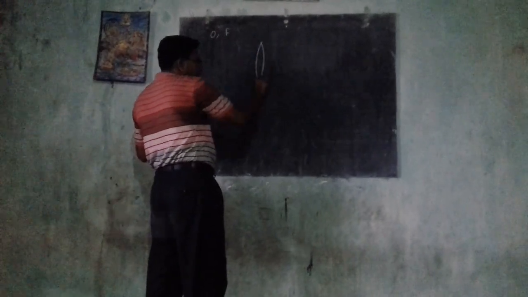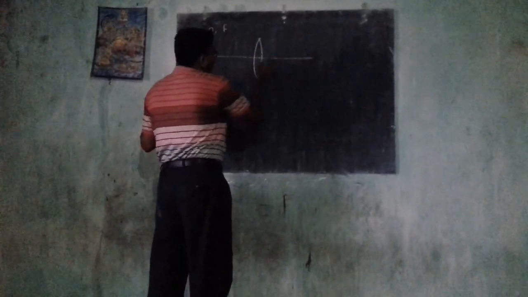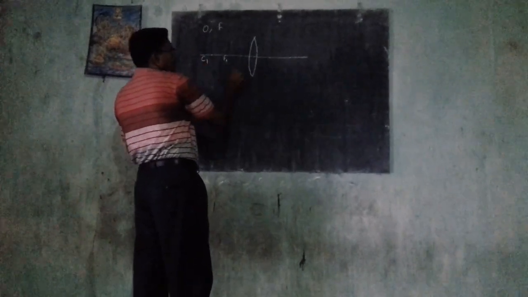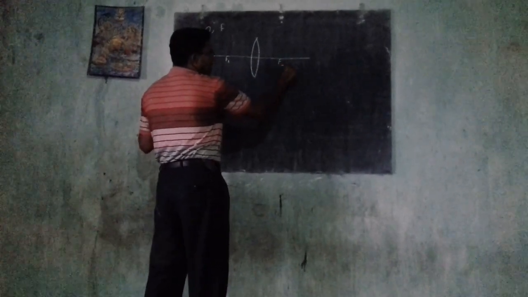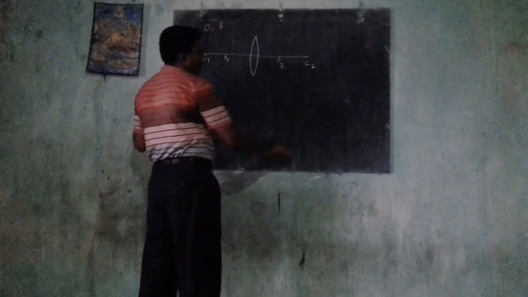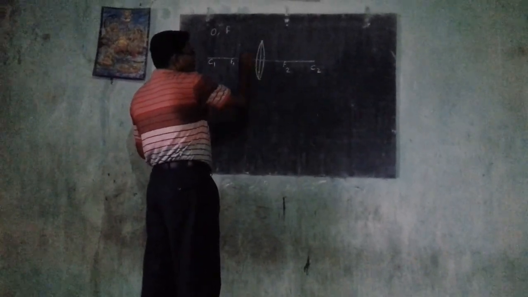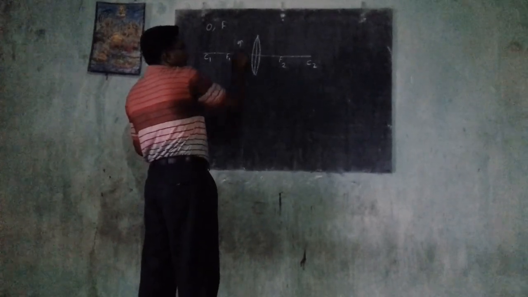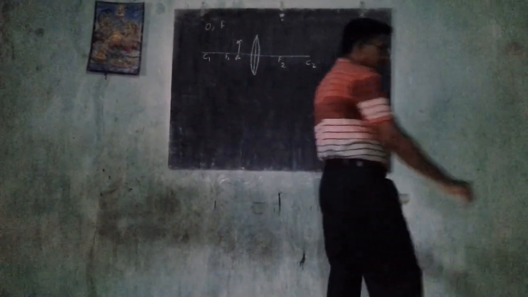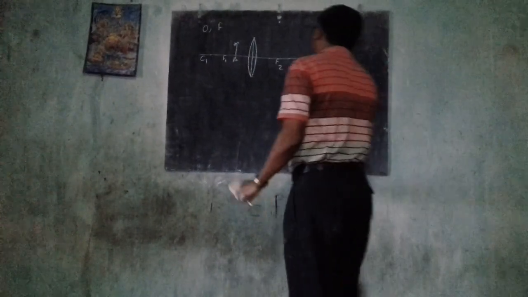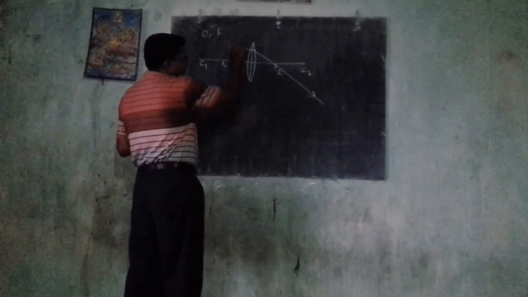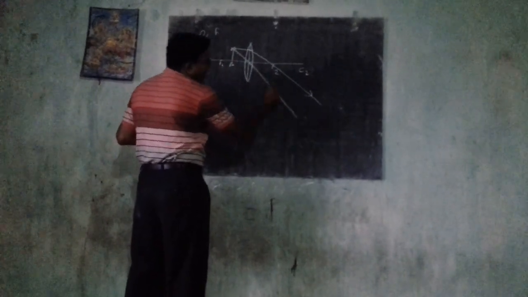Okay, but when the object is between the optic center and focus, between optic center and F, this is our focus. F1, the center of curvature, F2, the center of curvature. When the object AB is here, we take one ray parallel to the principal axis, after refraction it passes through the focus, and another ray through the optic center.